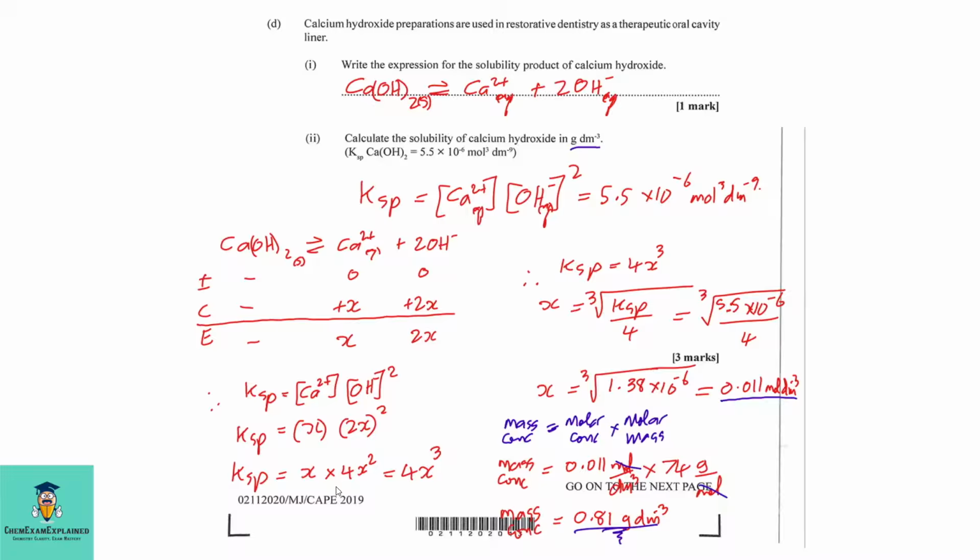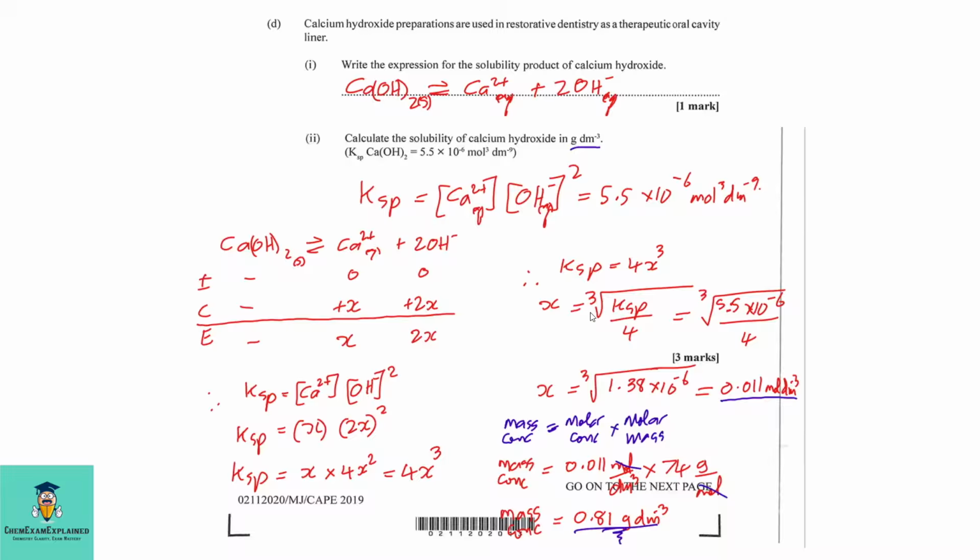We're going to simplify this equation by saying x times 4x squared, which is now equal to 4x cubed. So our KSP is equal to 4x cubed. We can now find x.